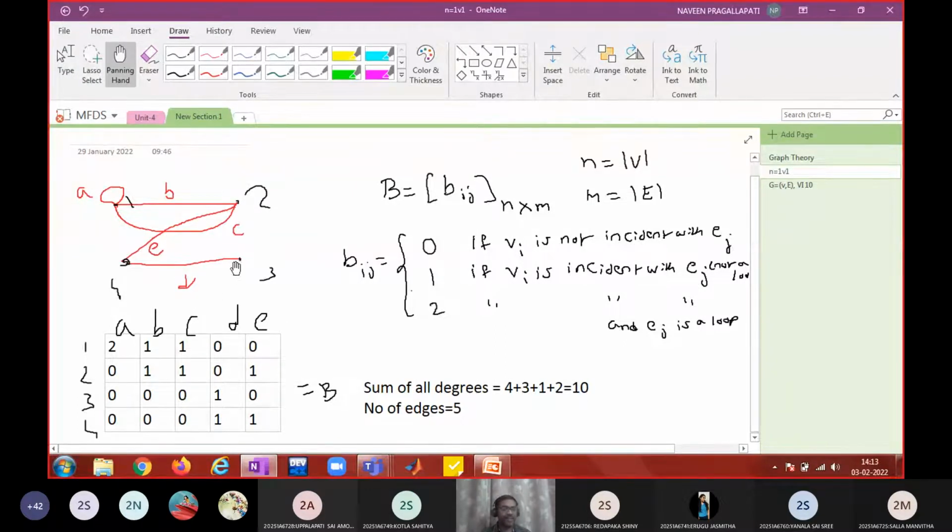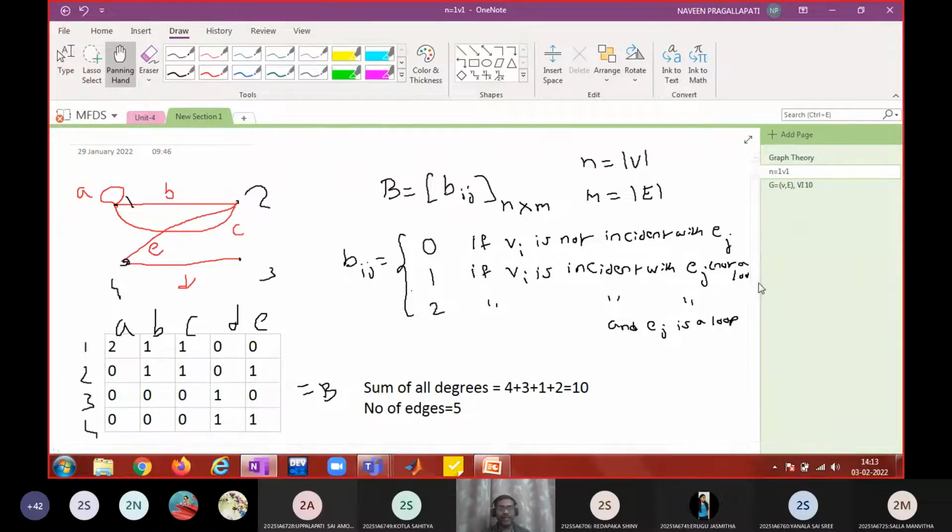Similarly 3 is not incident with A, 0. 3 is not incident with B, 0. 3 is not incident with C, 0. 3 is incident with D, therefore 1, and 3 is not incident with E, therefore 0. 4 incident with A, no, 0. 4 incident with B, no, 0. 4 incident with C, no, 0. 4 incident with D, yes, 1, and 4 incident with E, 1.